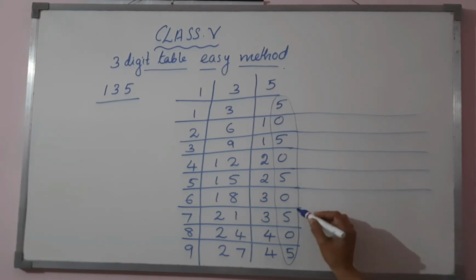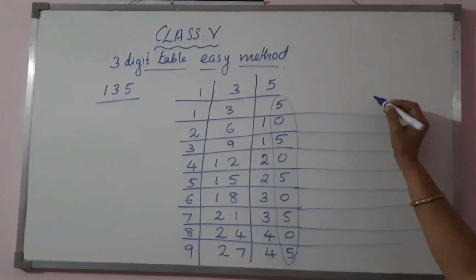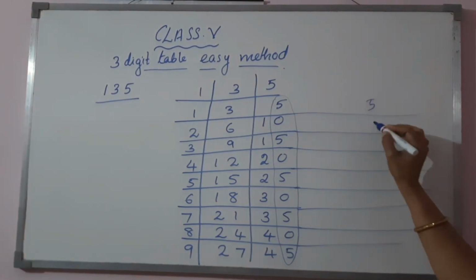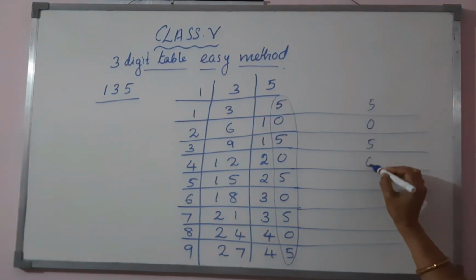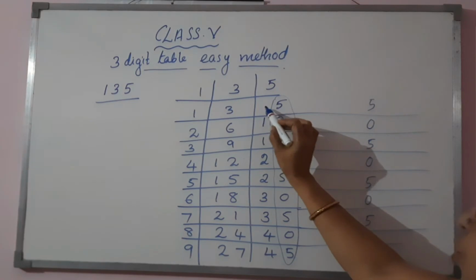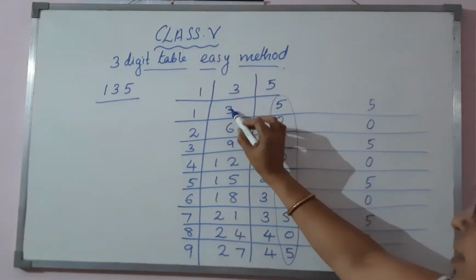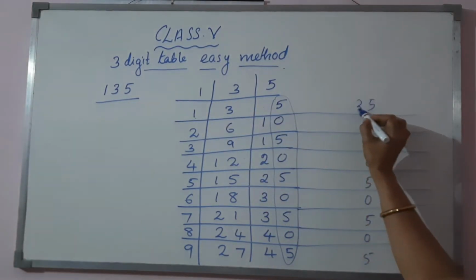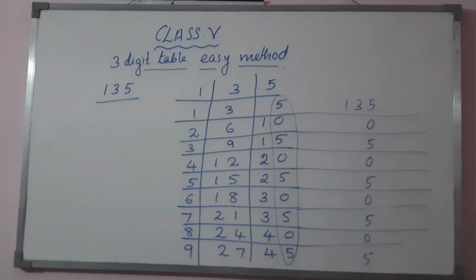So the unit place digits are 5, 0, 5, 0, 5, 0, 5, 0, 5. Now here there is no tens place digit, so we can write the 3 and 1 as they are. So the first number is 135.